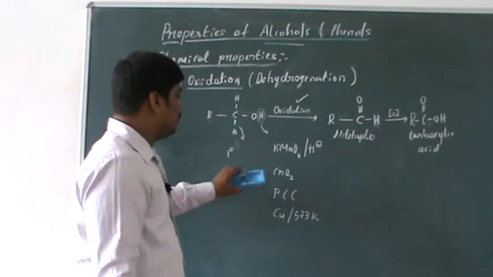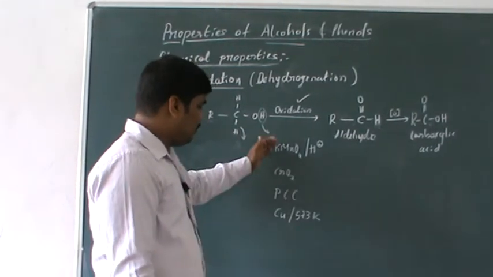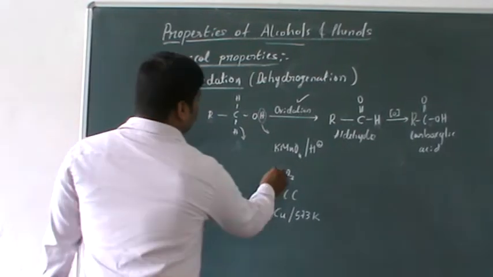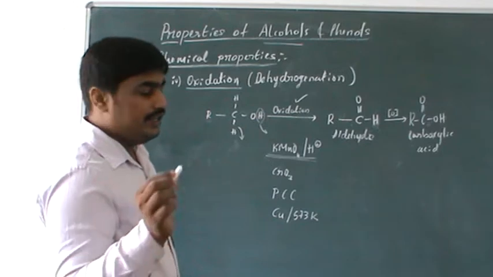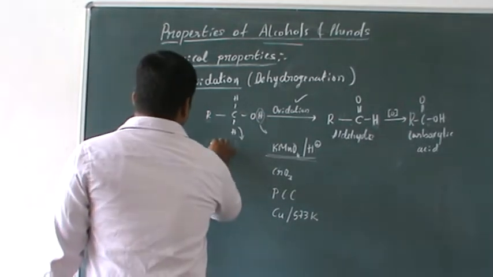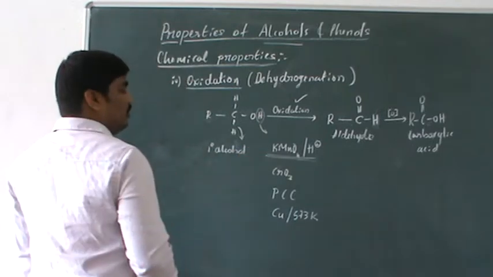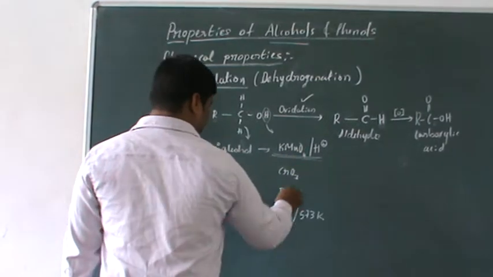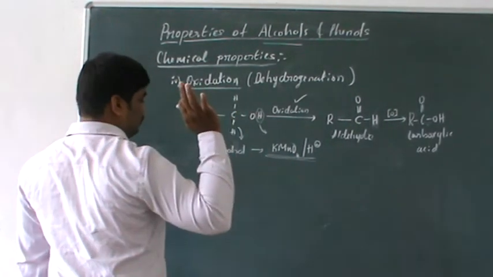Let us discuss the oxidation of alcohol using different oxidizing agents. When KMnO4 is used as an oxidizing agent in case of primary alcohol, suppose primary alcohol is subjected to oxidation with acidified KMnO4, then what is the product?